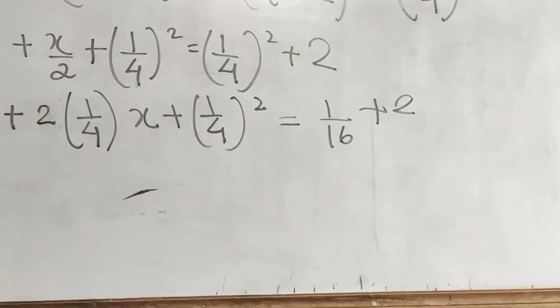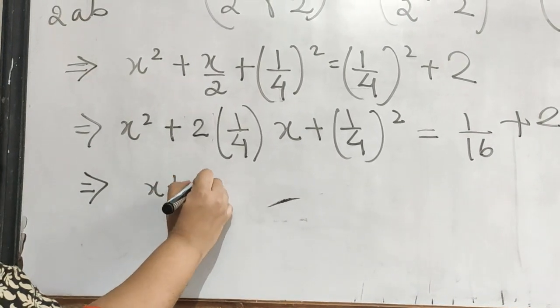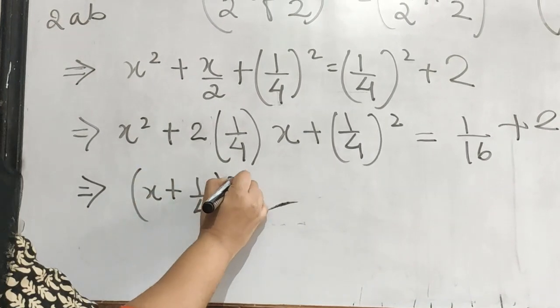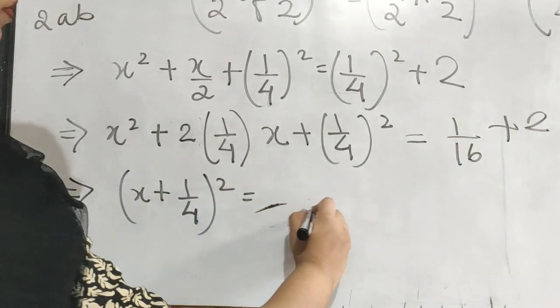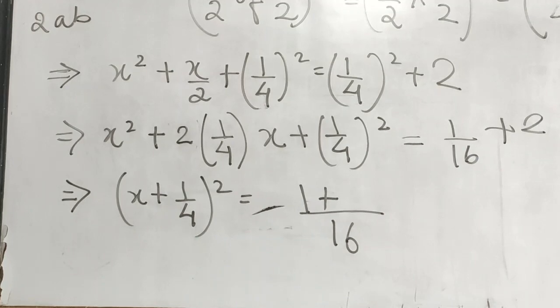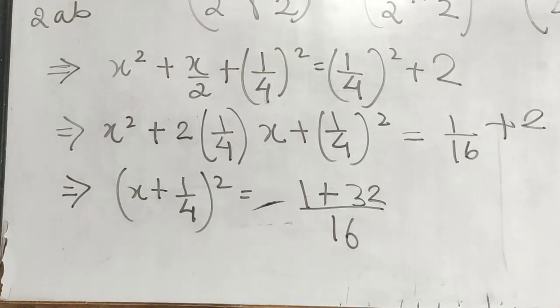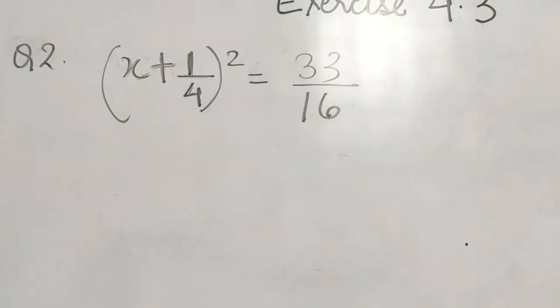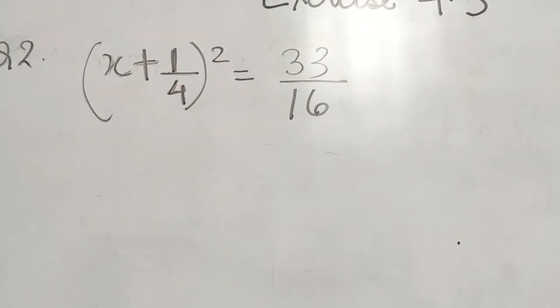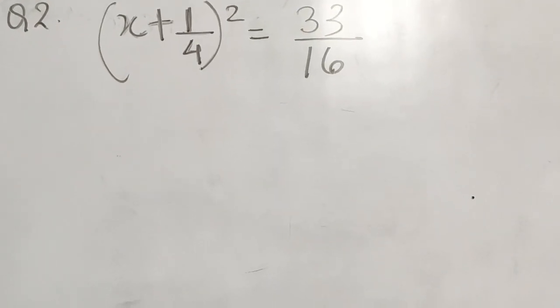Now let us write this as x plus 1 by 4 whole square equals, LCM will be 16, this will be 1 as it is, 16 twos are 32, so you will get 33 upon 16.